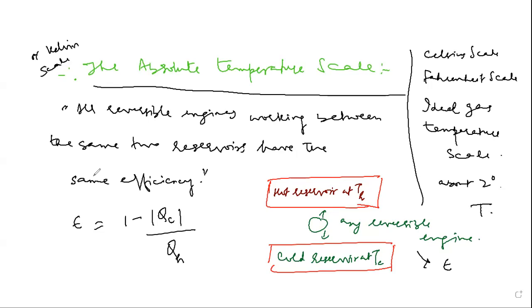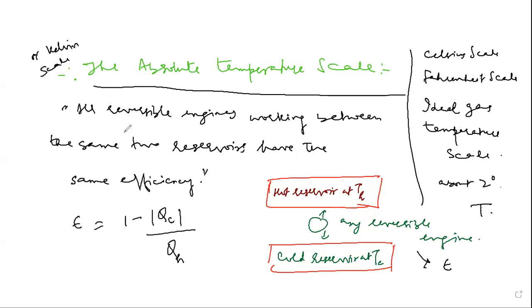Now there is only one characteristic of a heat reservoir which specifies it as a reservoir, that is its temperature, right? So the efficiency of a Carnot engine, which is a reversible engine, must depend on the temperatures of the two reservoirs. I repeat, any reversible engine or Carnot engine operating between two given reservoirs has the same efficiency, whatever the system used in the engine.